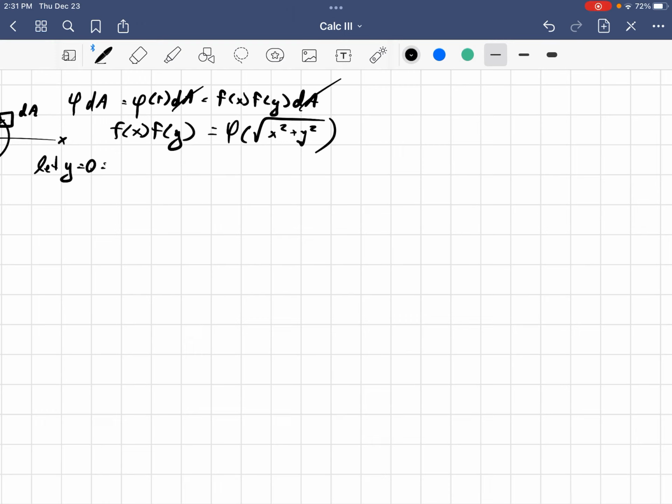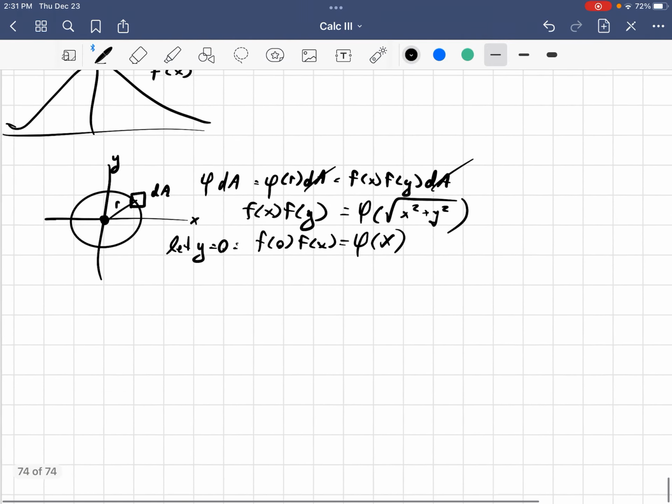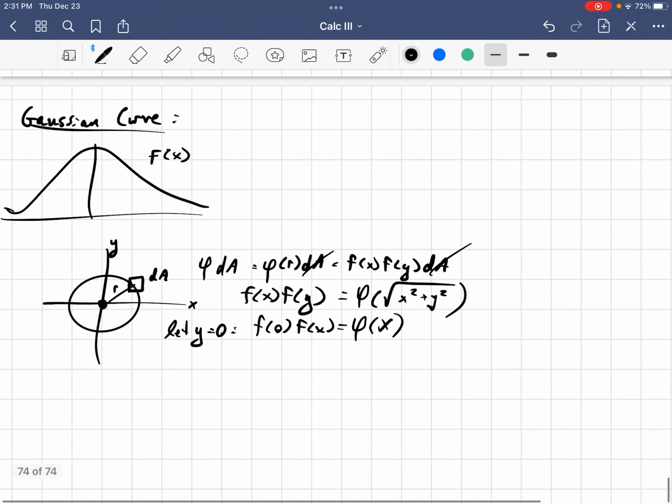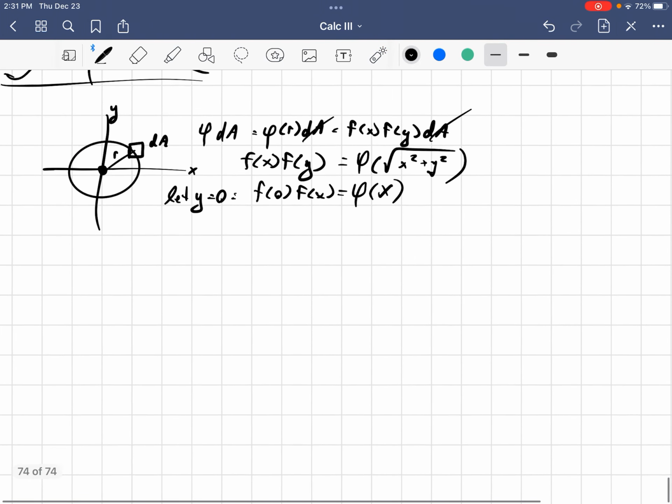letting y be equal to 0, I'd get f of 0, f of x, is equal to phi of x. And technically, it's the absolute value of x, but since there's this radial symmetry, we don't really have to worry about the absolute values, right? It's half the area on one side, half the area on the other. So we don't really have to worry about the absolute value.